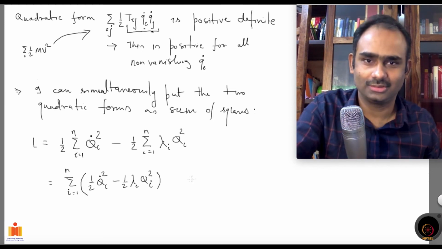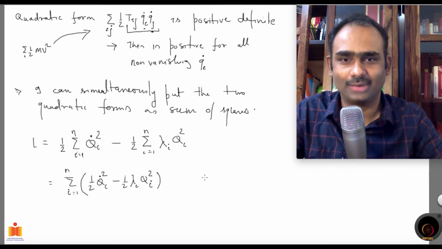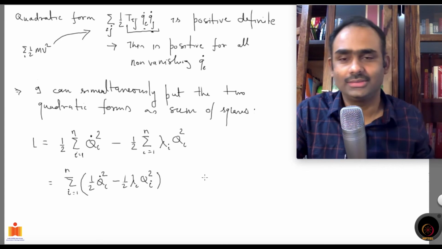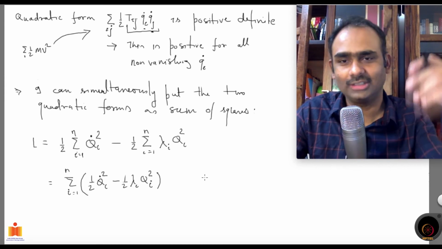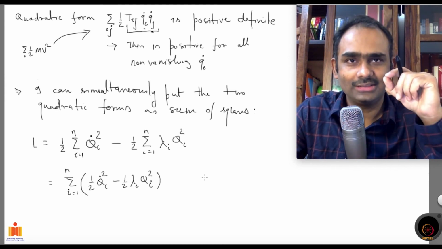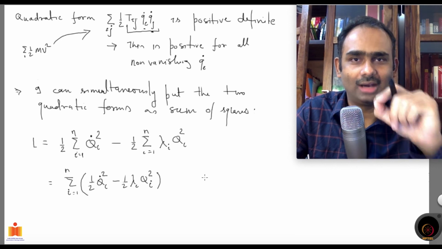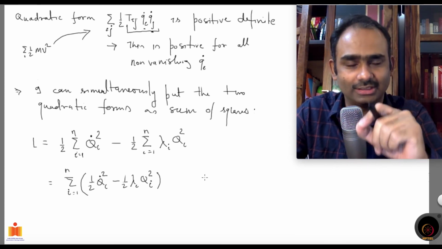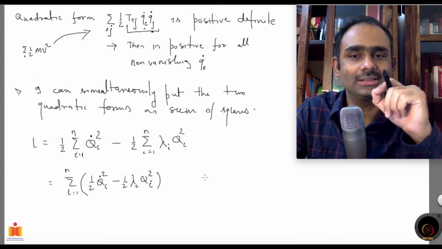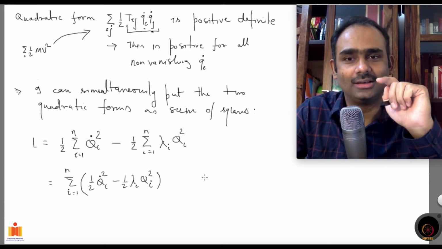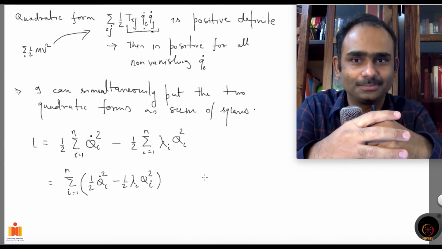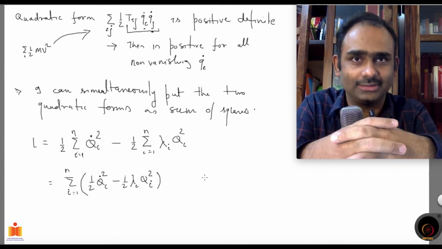Do you appreciate why this is so nice? You see, what it means is that my system, upon choosing this new set of generalized coordinates, appears as a collection of one-dimensional systems which are not interacting with each other.